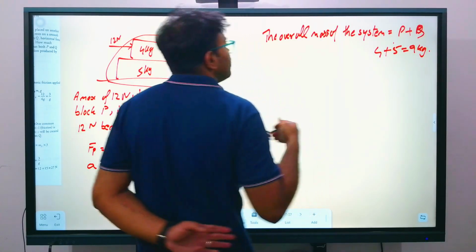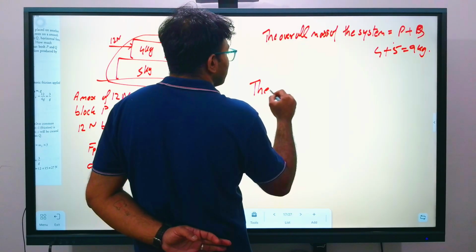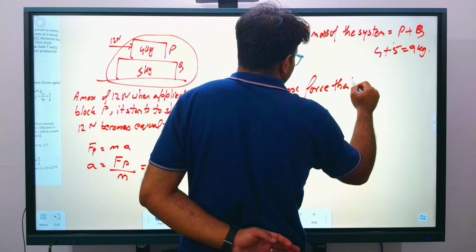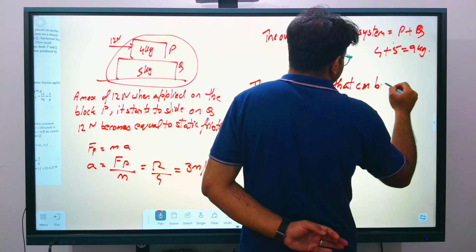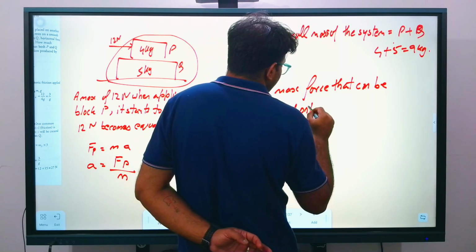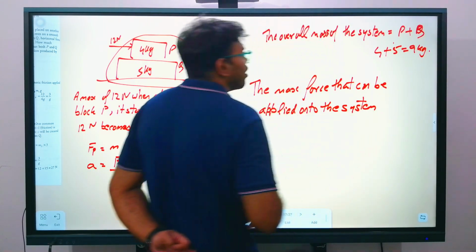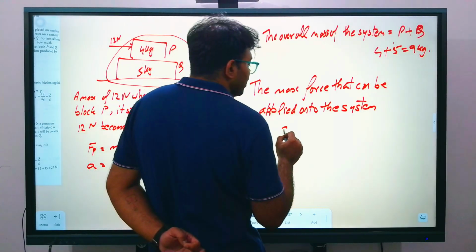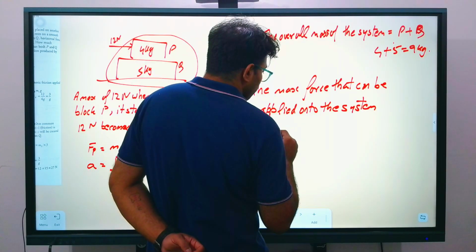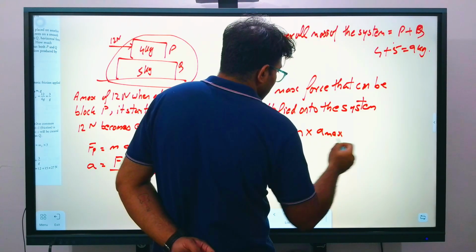Now, what is the maximum force that can be applied onto the system? Force is equal to mass times maximum acceleration.